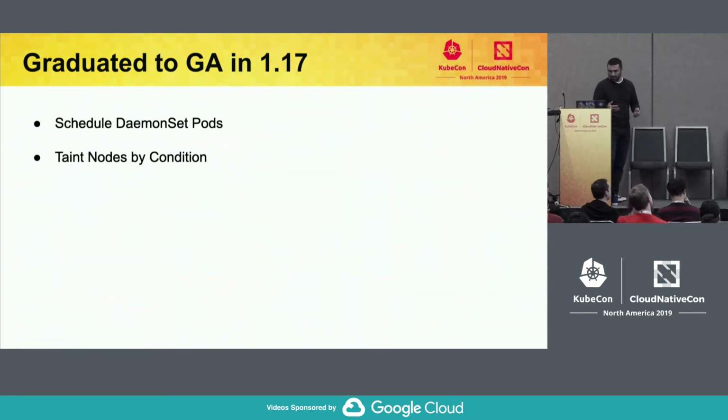The other one is taint nodes by condition. There are some resources that don't get allocated, like disk and PIDs. Sometimes the node gets into disk pressure or PID pressure, and even if you have enough resources, the pod doesn't get scheduled on the node because of that.